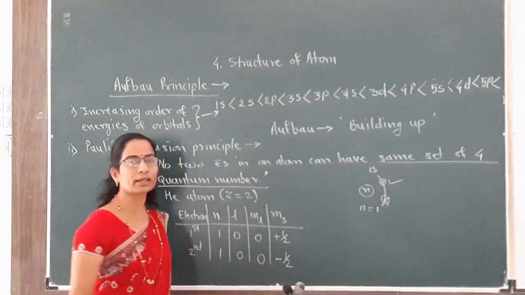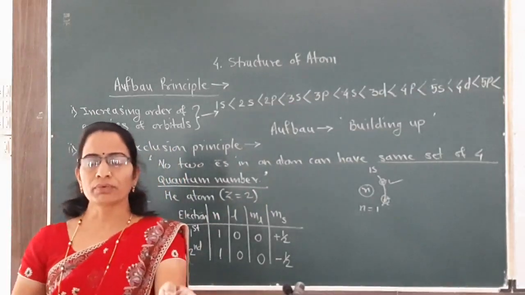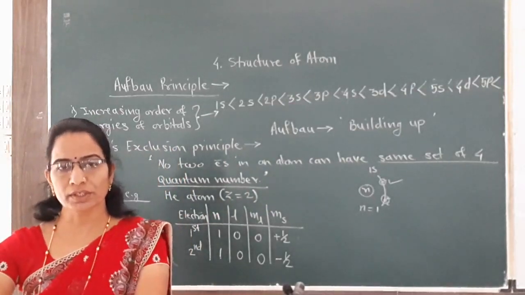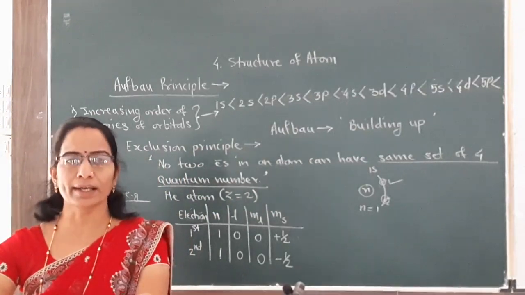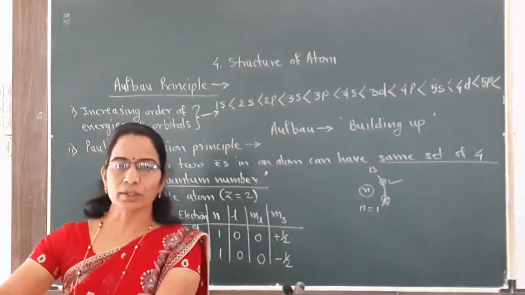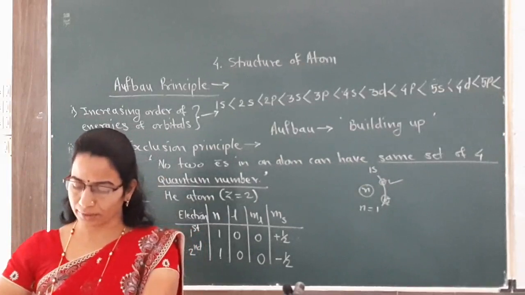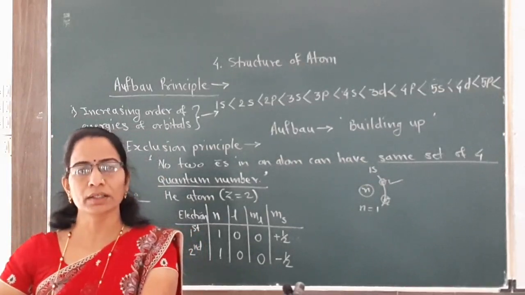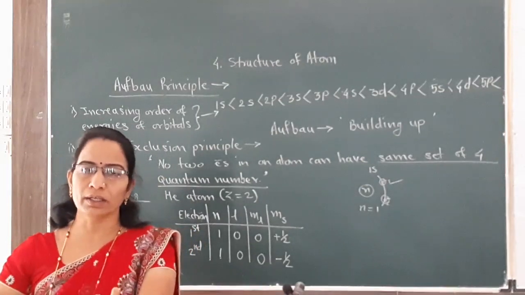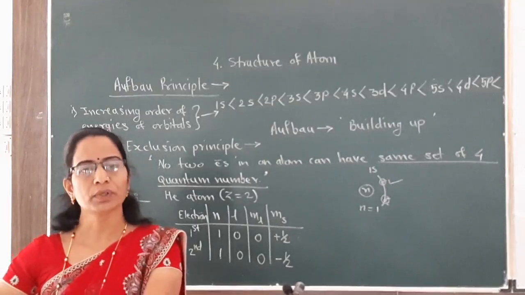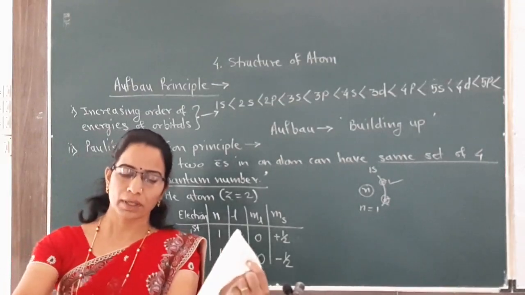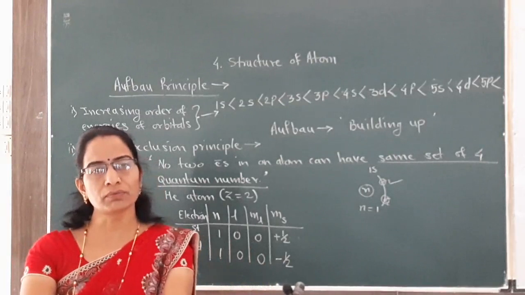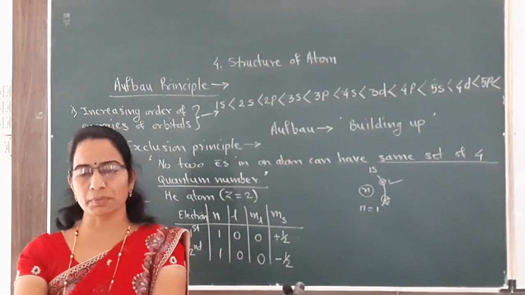You can take other examples of any atom and the electrons present in its orbitals. Here you will observe that though any 3 quantum number values are the same, the 4th quantum number must be different.